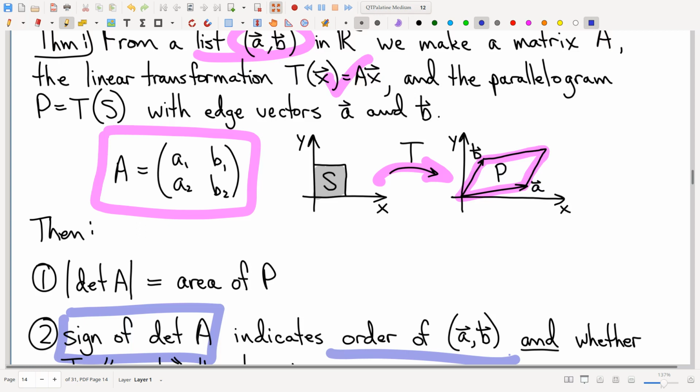You'd probably say, I'd better draw those vectors and then look at the page and measure that angle, and visually see from the directions they point whether it's clockwise or counterclockwise. And I'm saying you don't have to. You can take your list, make a matrix, take the determinant, and see if it's plus or minus. That tells you the answer. Plus means counterclockwise. Minus means clockwise. So that's pretty surprising.